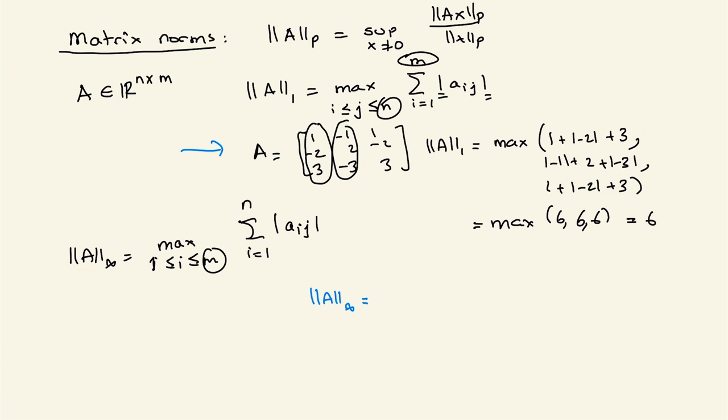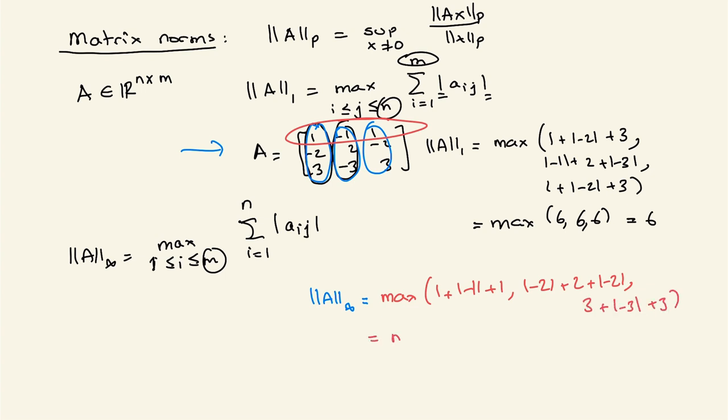Instead of looking at it like this, we are going to look at these. In other words, we are going to look at the maximum of 1 plus minus 1 plus 1, comma, minus 2 plus 2 plus minus 2, comma, 3 plus minus 3 plus 3.